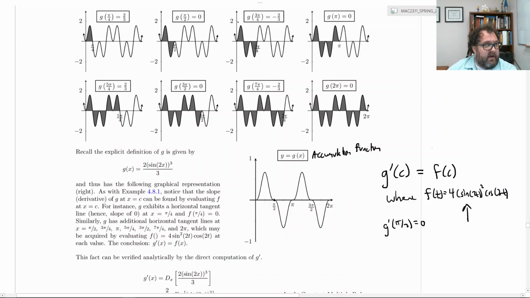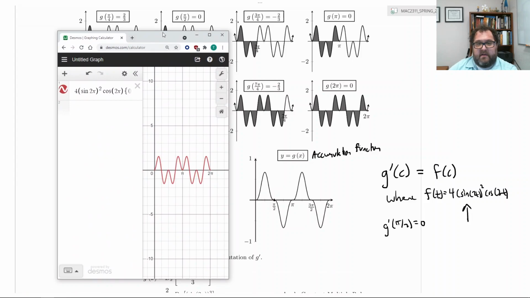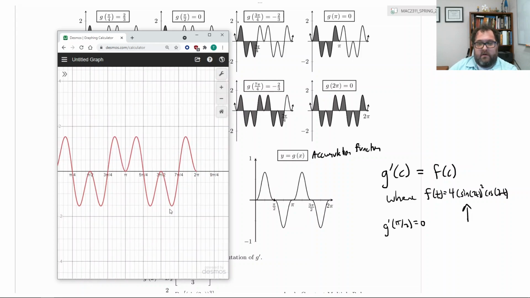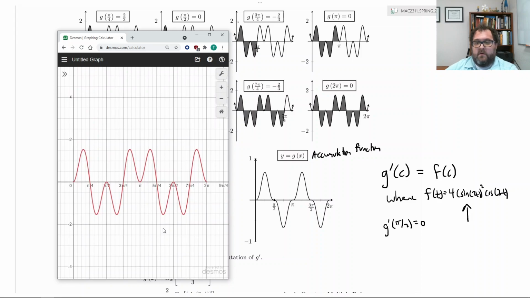Here, I typed this out on Desmos, and let's look at it side by side. So here, this red function is the original. It's the 4 times sine 2t squared times cosine 2t.